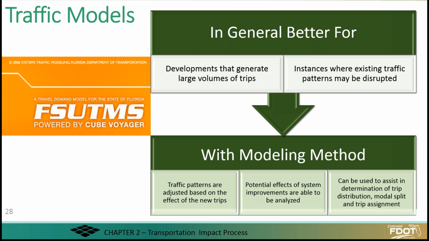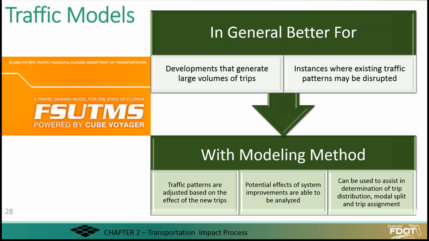So traffic models are generally better for developments that generate large volumes of trips. So if you're talking about large subdivisions or office campuses that are going to generate a lot of trips, calculating all of that by hand could be very time consuming. At that point, the time and expense of setting up the project in a traffic model could be advantageous.